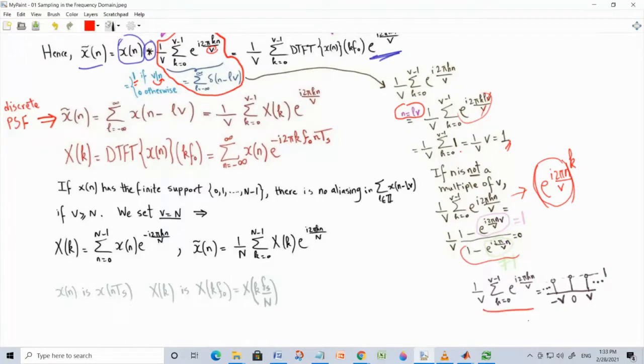So this summation here, again, is extremely important and very useful in the DTFT, in the DFT, and in digital signal processing in general. This summation is basically a periodic sequence, a periodic discrete time function that is equal to 1 at the integer multiples of v, and that is equal to 0 otherwise.